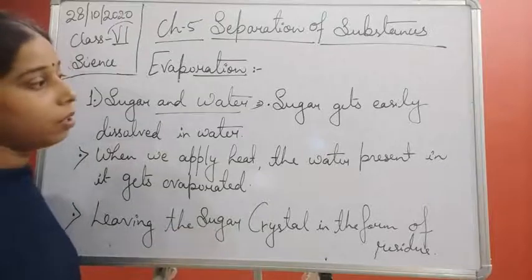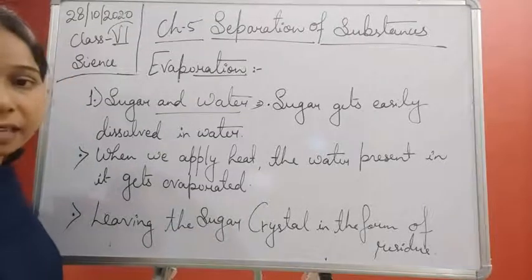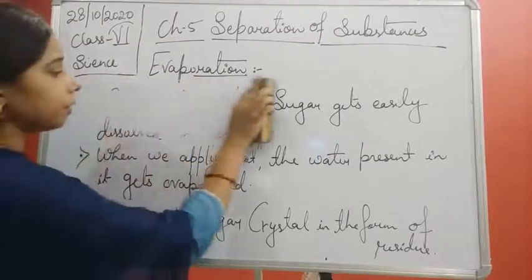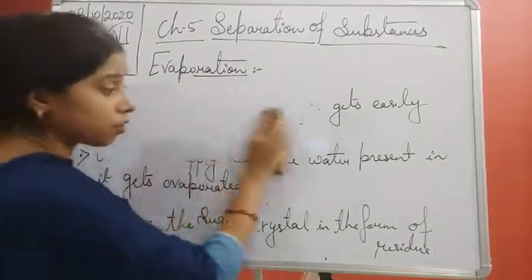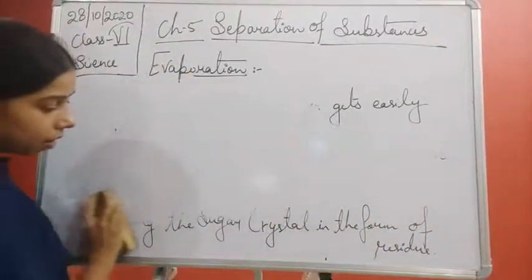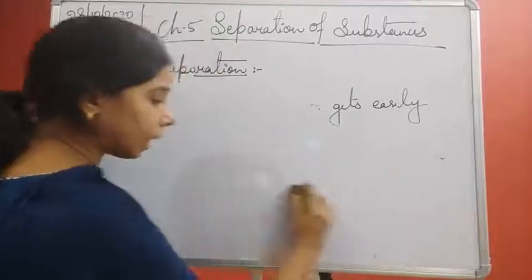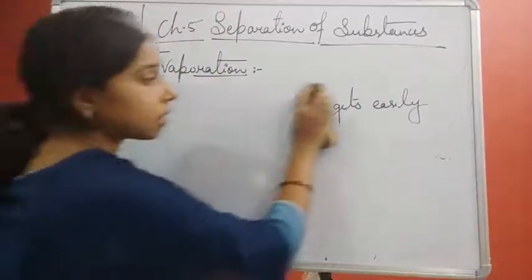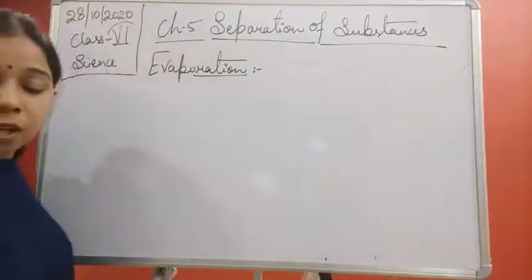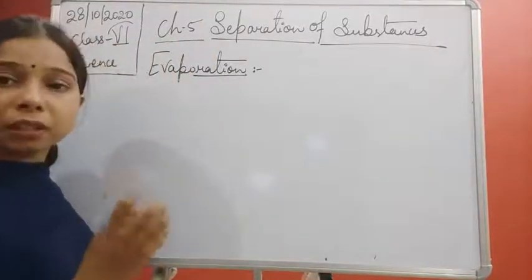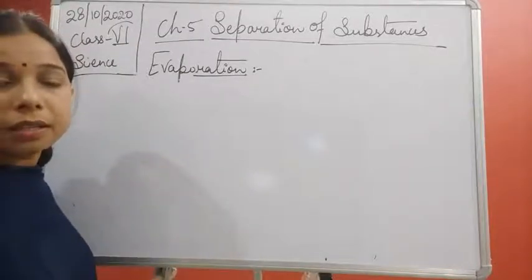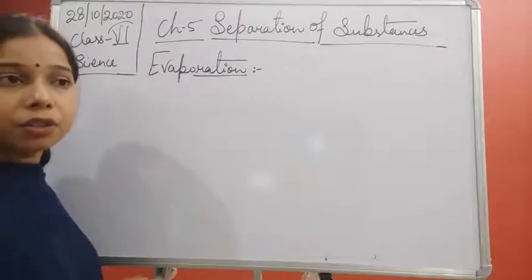Now, if we see the second example, students, the second example is very important, and we use this example on a large scale. Right now I am simply giving examples just so you understand what evaporation is and where we use this process. While making sweets, your mother used to add more and more sugar to the water and evaporate the water.